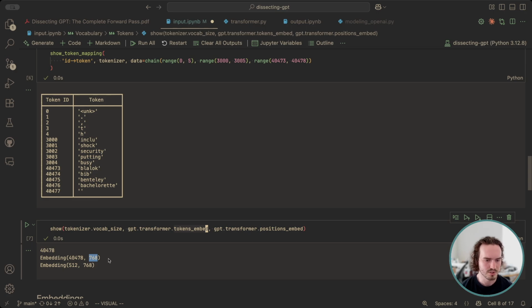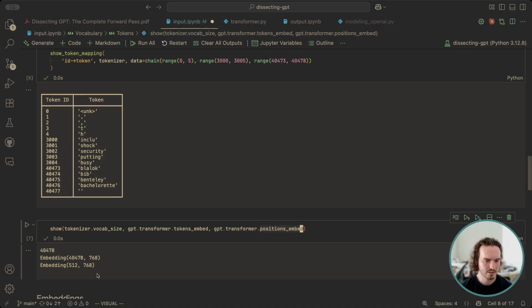So we'll talk about embedding shortly, but I also want to talk about how there are these positions embed, and rather than the 40,000, it's 512. And so what this means is that GPT-1 has 512 unique slots that tokens can fill.